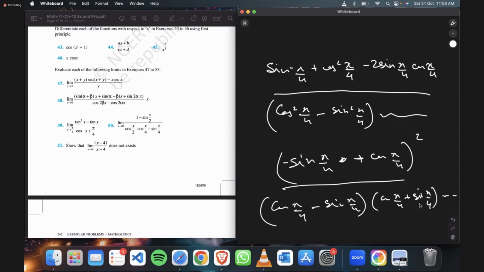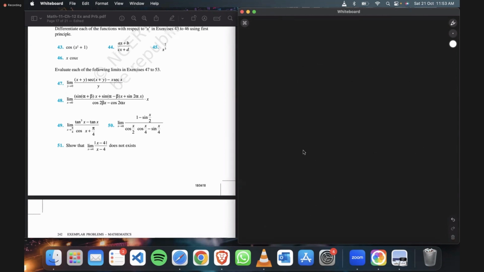All right, so this will get cancelled out. And what will we be getting over here? So our term over here will be cos x by 4 minus sine x by 4. The square term will get cancelled out. No, let's not be so hasty. Let's just write it completely.